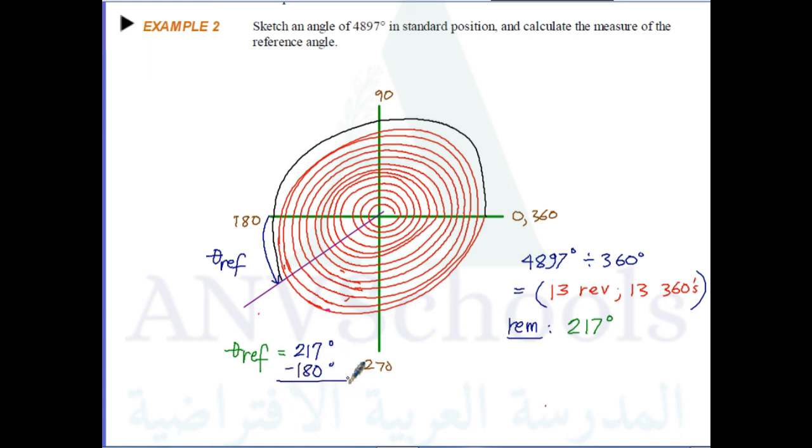That will give us 37 degrees. That is the value of my theta ref. So 37 degrees. I hope this gives light to your questions. So this is our theta ref.